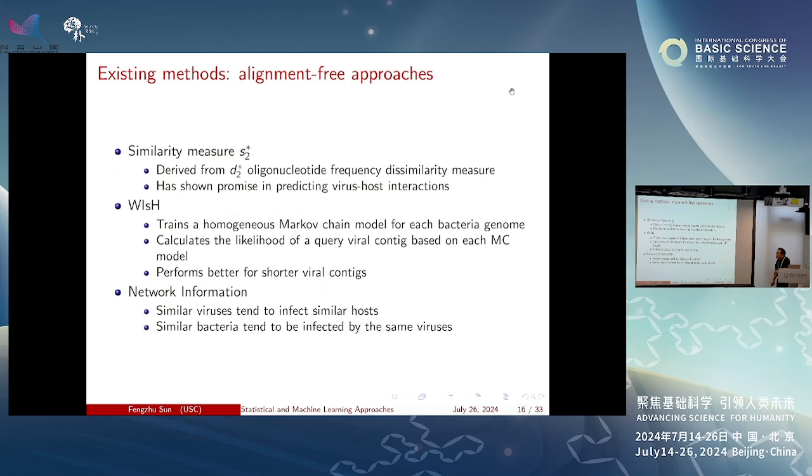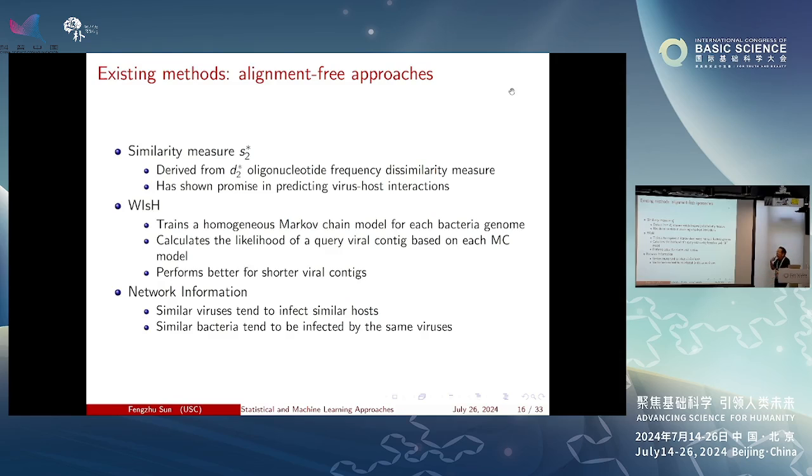Okay, so another thing is the so-called alignment-free method. Actually, before we studied this problem, my group had been developing alignment-free measures for comparing two sequences, and how best to compare two sequences using k-mer frequency. That's the alignment-free method. So we have been working on this for over 10 years before we studied this problem.